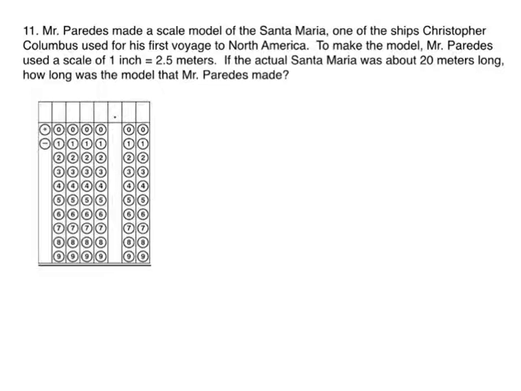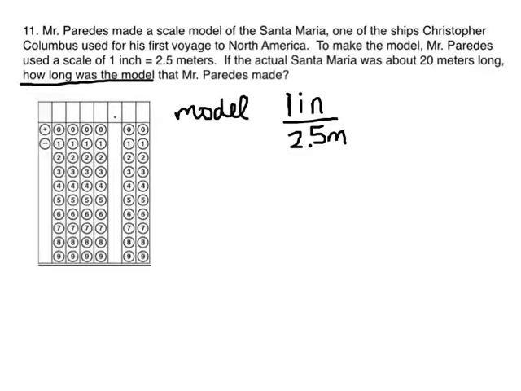So guys, with scale factor, we're always going to put the scale on the left. So 1 inch over 2.5 meters. And we're going to do the drawing or model or picture on the top, always. So let's see, how long was the model? So we're going to do model over actual, and that's the order it's already in.